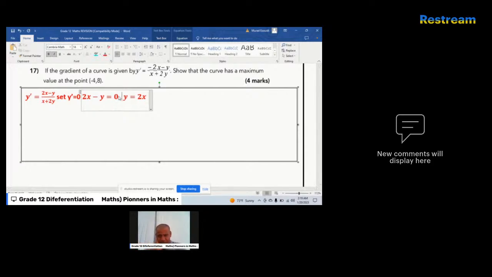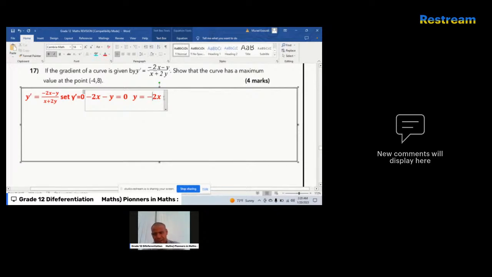There is a minus here, so don't forget the negative sign. Therefore y in fact is equal to -2x. Look here, x is -4, so y is in fact -2 times -4, which is 8.